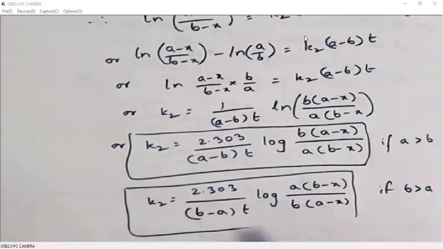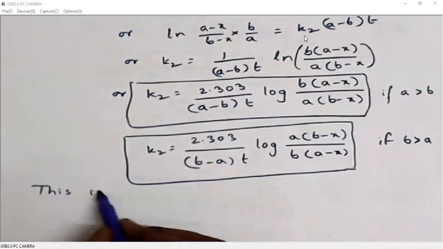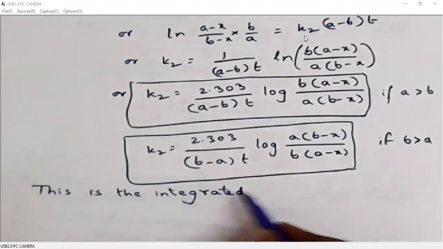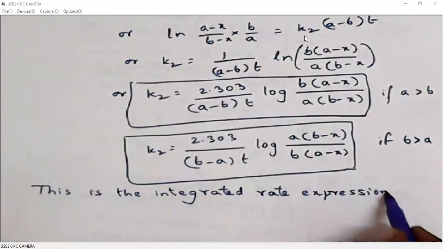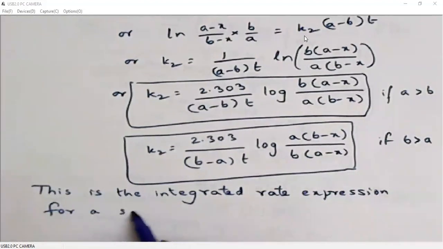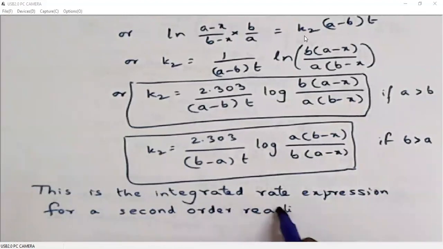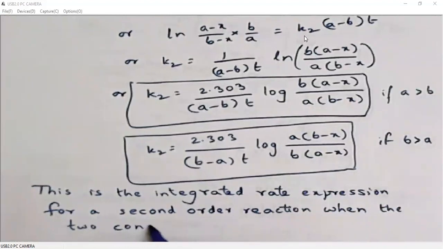So this is the integrated rate expression for a second order reaction when the two concentration terms are different.